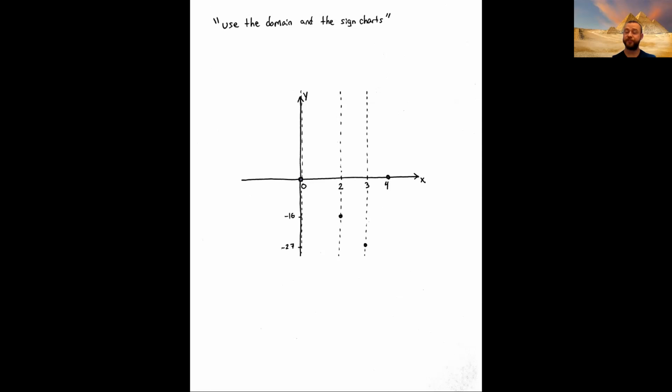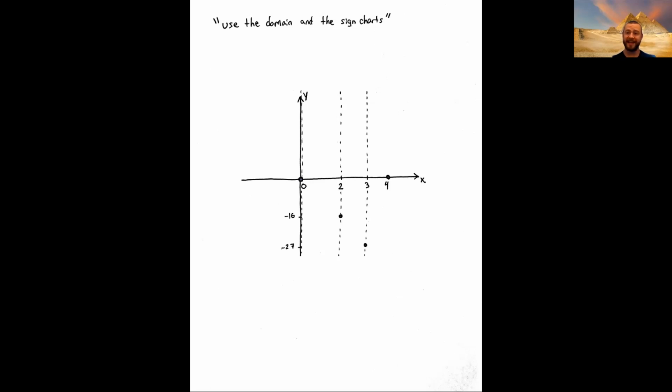All right, now this is where it gets tricky. This is going to be where we refer to our sine charts. On each of these 4 intervals, we're going to want to determine the sine of the first and second derivative. So we have 4 intervals here, negative infinity to 0, the interval 0 to 2, the interval 2 to 3, and the interval 3 to infinity.